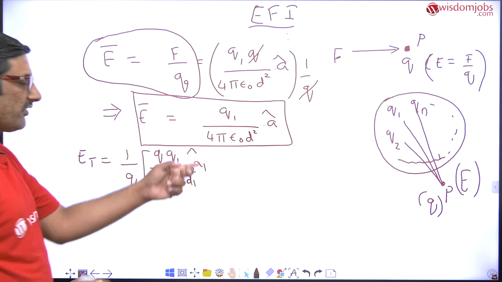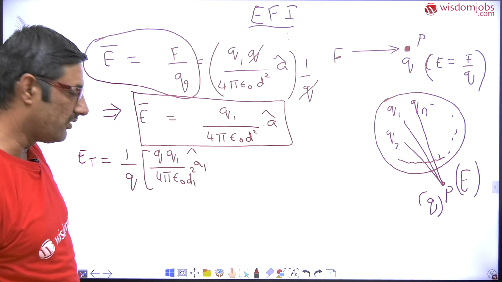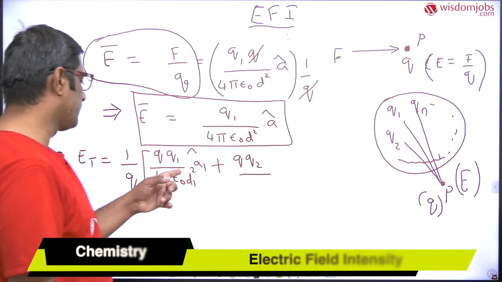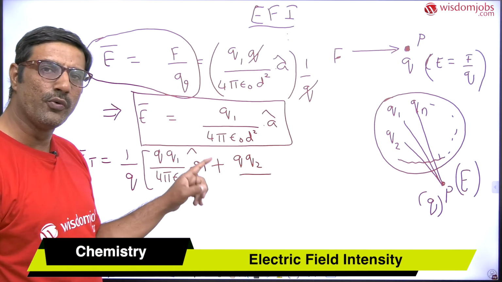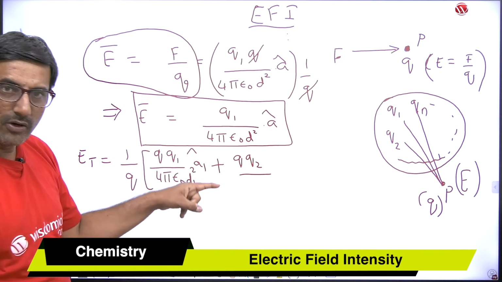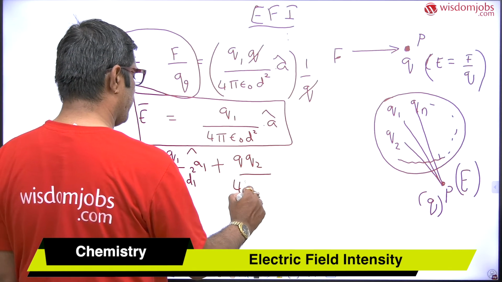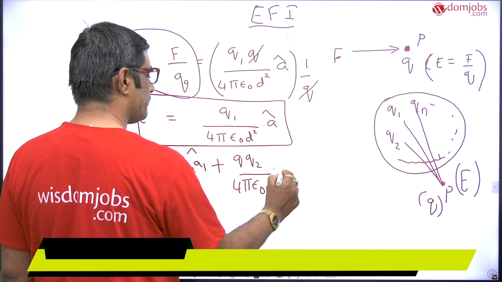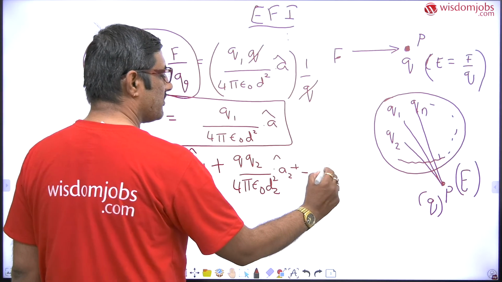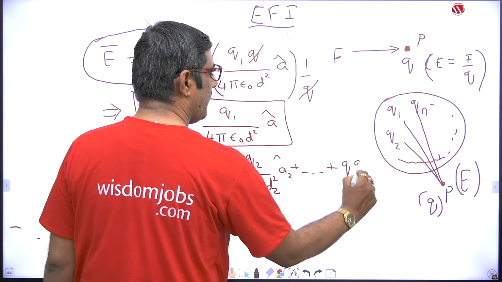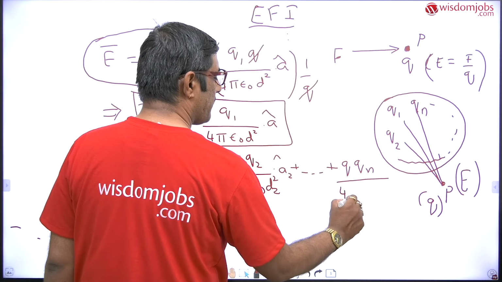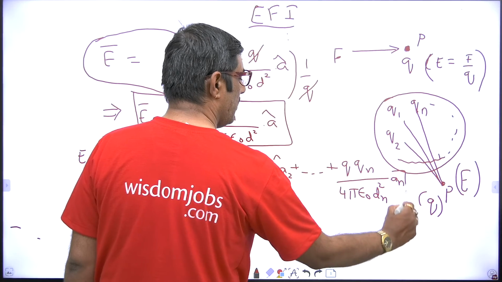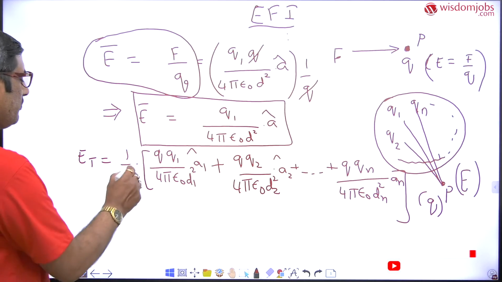The first term is the force due to Q1 on Q. The second term, which I am writing now, is the expression for the force due to the second charge on Q, plus Q2 upon 4 pi epsilon naught d2 square into a2 cap. Like that, for the nth charge, plus Qn upon 4 pi epsilon naught dn square into an cap. Now, just cancel away Q throughout.